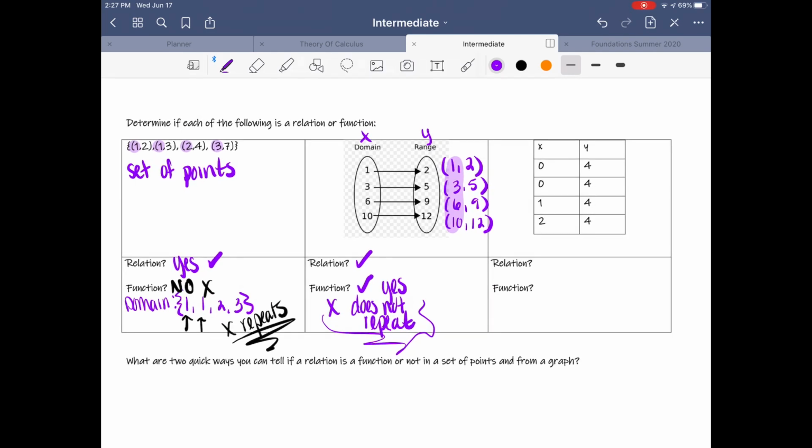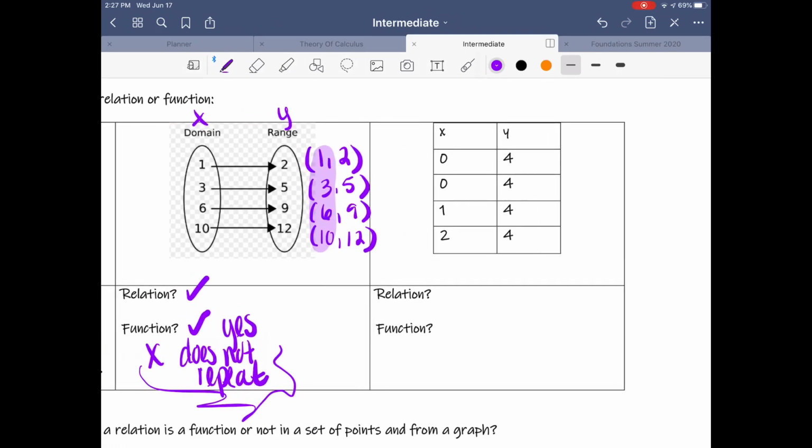And then this last one here, this is called a table of values. This is also a set of points. So we would write this point as 0, 4, 0, 4, 1, 4, 2, 4. It does not matter if the y's are repeating.